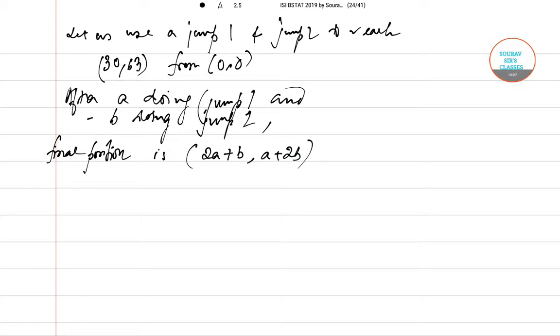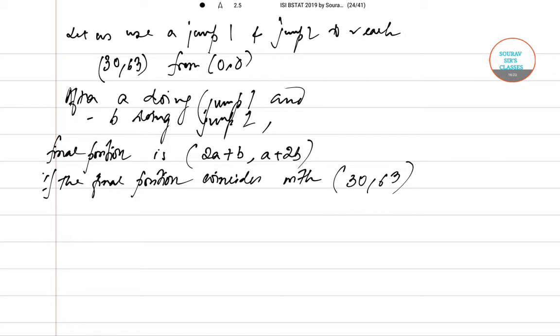Okay, now if the final position coincides with this point 30, 63, what does it mean? It means that 2A plus B is equal to 30 and A plus 2B is equal to 63.